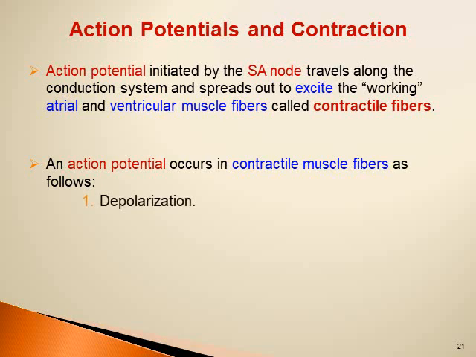First, there will be depolarization similar to neurons and skeletal muscles. Then there is a plateau, which is an additional phase different from the neurons and skeletal muscles. And the last phase of action potential in the cardiac muscle cells is repolarization.